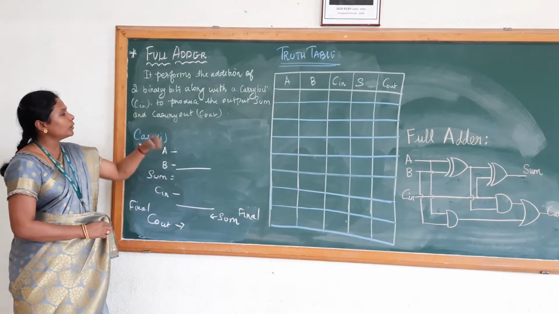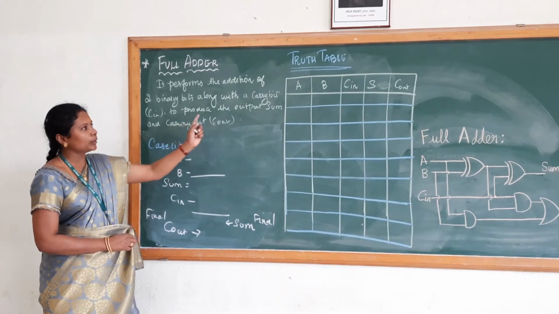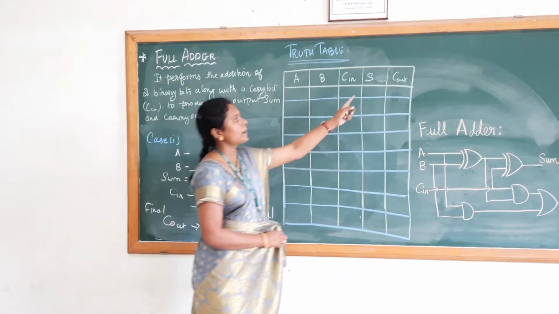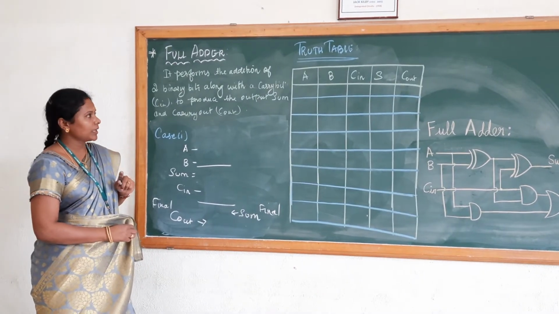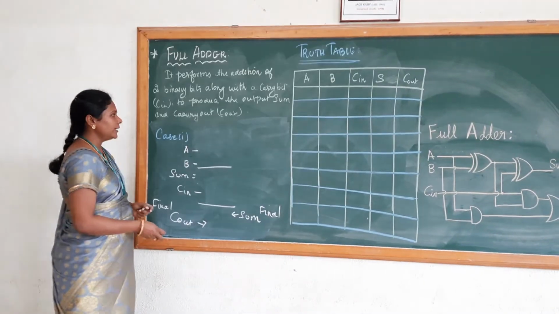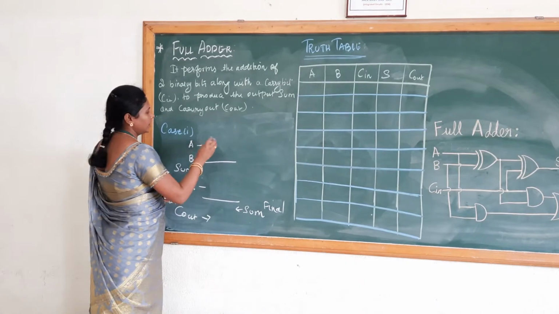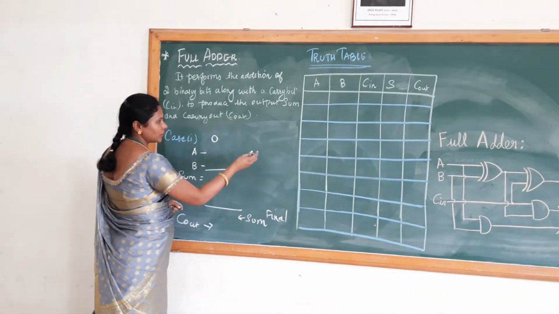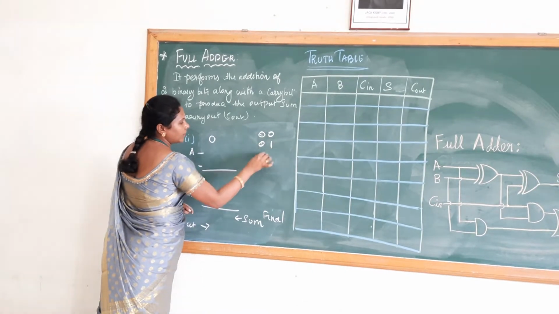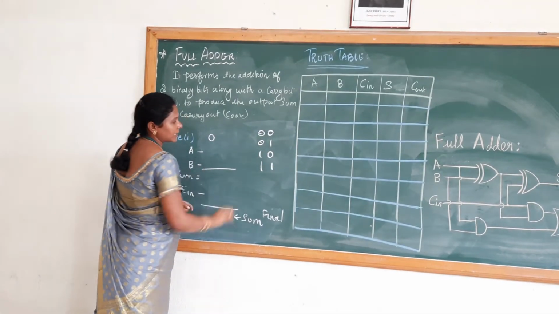It is going to perform your addition. So three bits are going to be added. What is your final sum and carry out? This is what we are going to analyze today. Already we know the two bits. The possible combinations of your two bits are 0 0, 0 1, 1 0, 1 1.